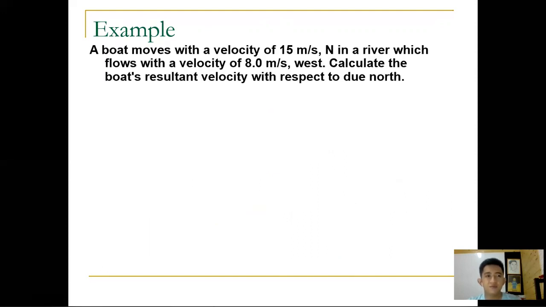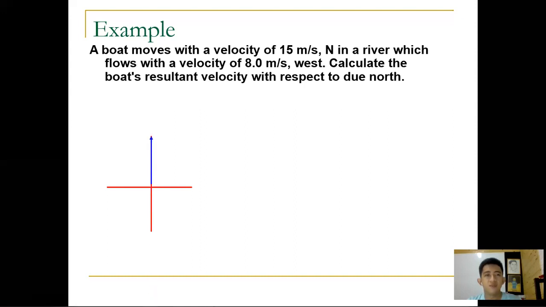Another example, a boat moves with a velocity of 15 meters per second north in a river which flows with a velocity of 8 meters per second west. Calculate the boat's resultant velocity with respect to due north.